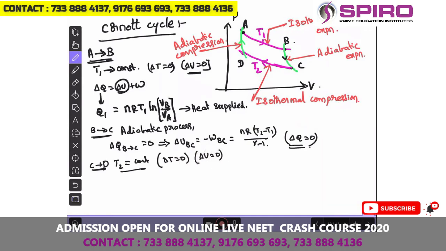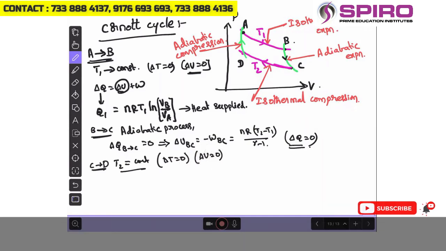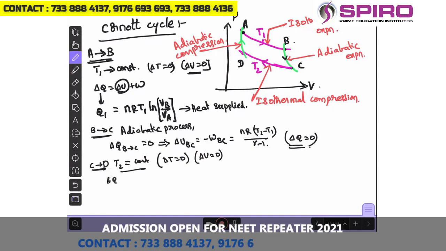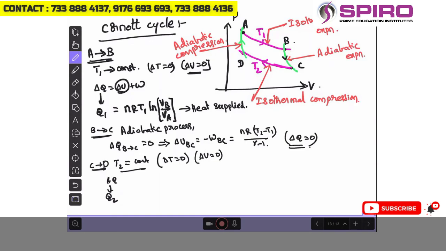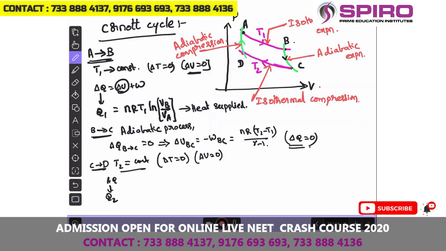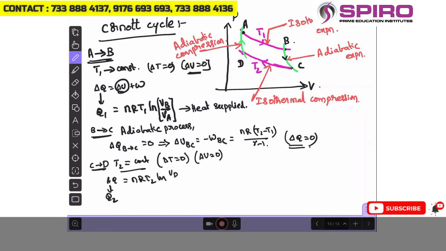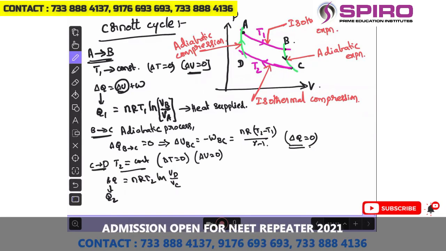According to the first law of thermodynamics, delta Q is nothing but heat rejected here. Why? Because the volume is decreasing, so the heat energy will be rejected, because it is negative work done. So delta Q is written as nRT2 ln VD by VC.